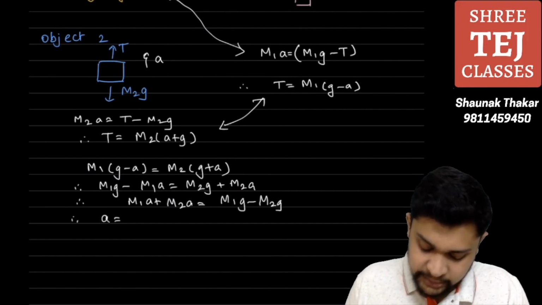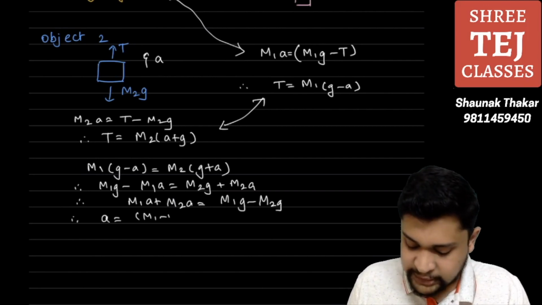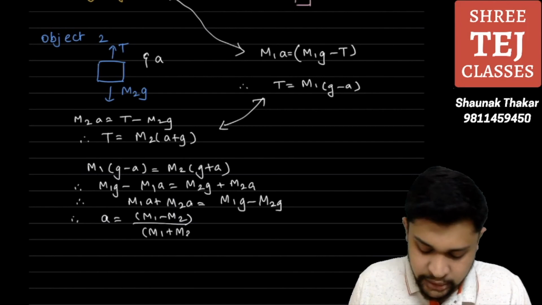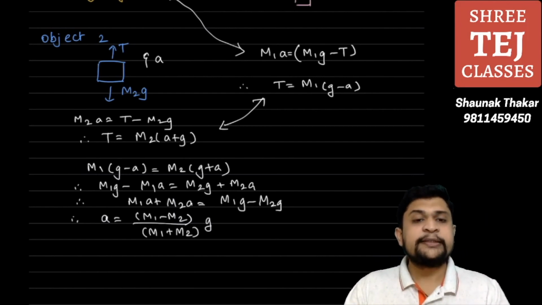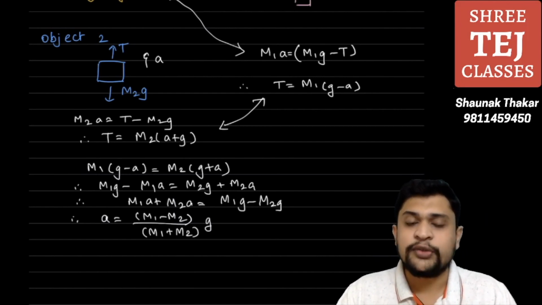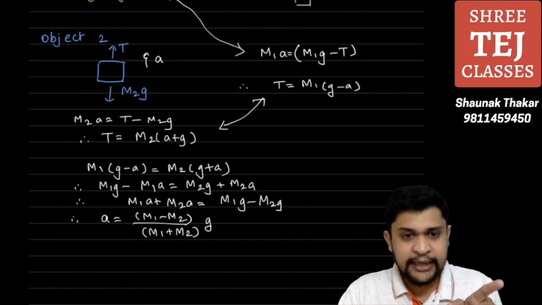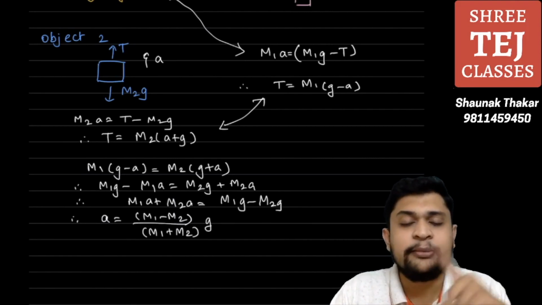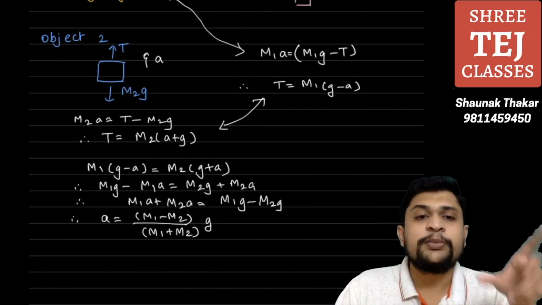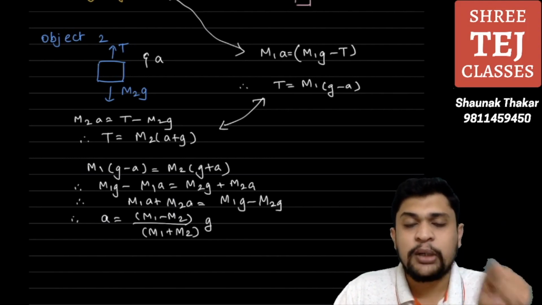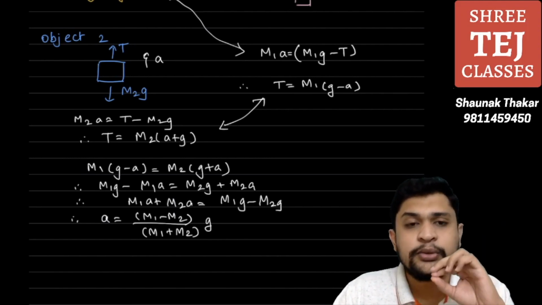Therefore, a becomes (m1 minus m2) upon (m1 plus m2) into g. So this will be the acceleration of the objects. So object 1 will move down with acceleration (m1 minus m2) upon (m1 plus m2) into g, and object 2 will move up with acceleration (m1 minus m2) upon (m1 plus m2) into g.